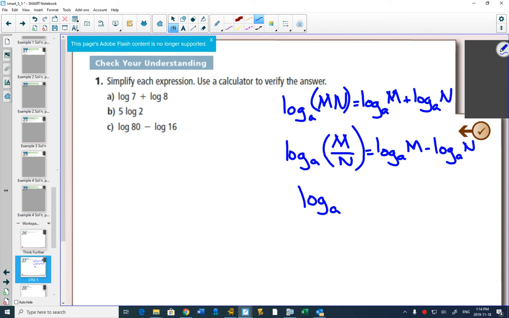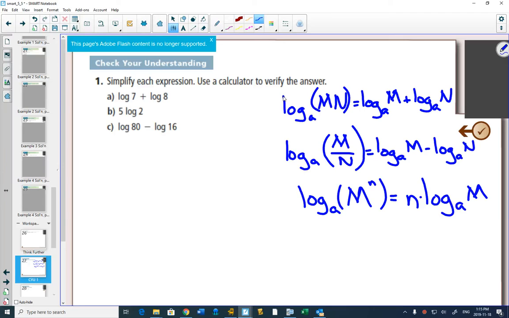And if you have a power or an exponent inside of a logarithm, so an exponent of n, that's like moving that n out in front and multiplying. So those are your three main log laws.